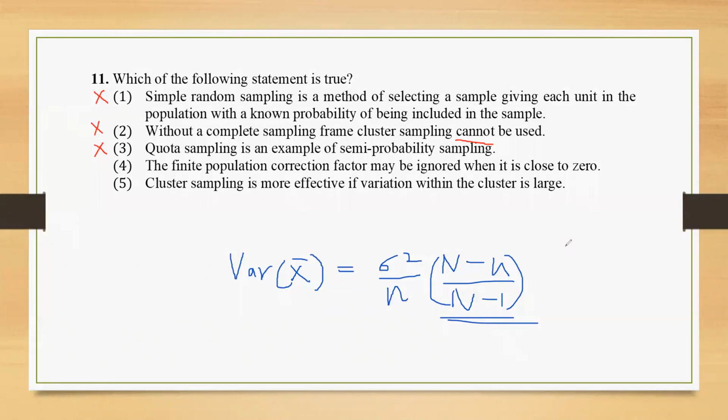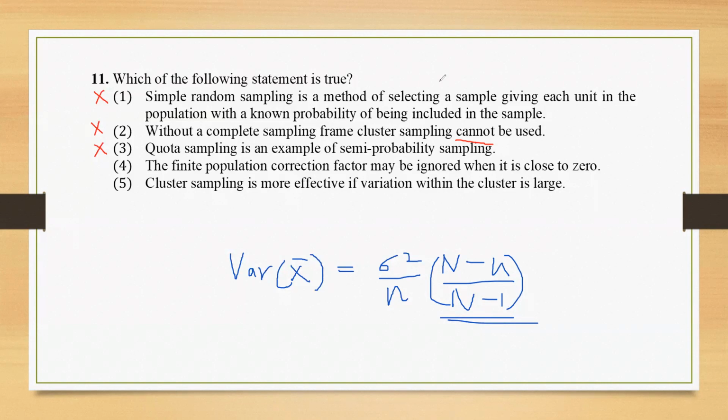So the idea is, if using that factor we can reduce the variance, then it is a good thing. When we are doing estimation or any statistical work, if we can reduce the error or the variance, it is always good. So here we ask, using this finite population correction factor, can we reduce the variance of x bar?